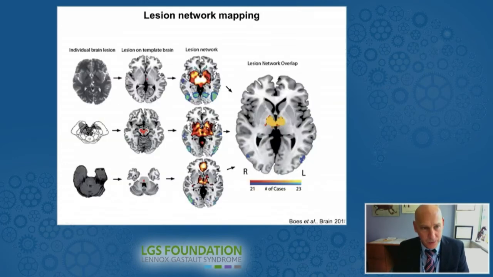So lesion network mapping is a different way of looking at lesion distributions. And here, for example, are 3 patients with a rare syndrome of very strong visual hallucinations. And I'm blanking on the name of the syndrome. I think it's peduncular hallucinosis. And the phenotype is really well delineated.